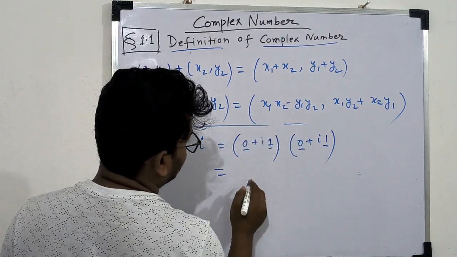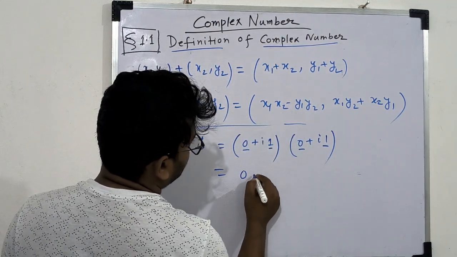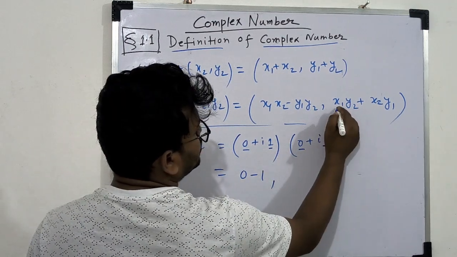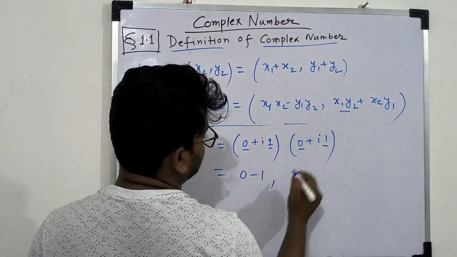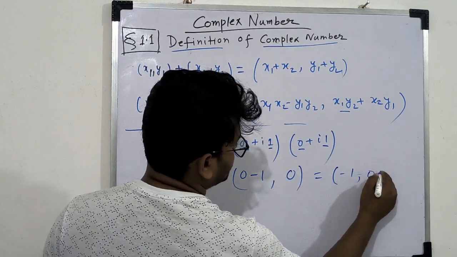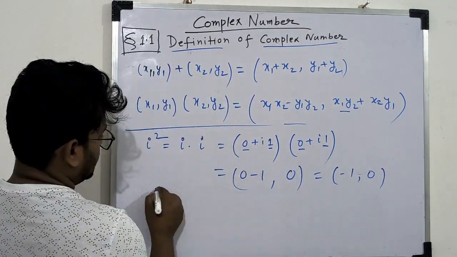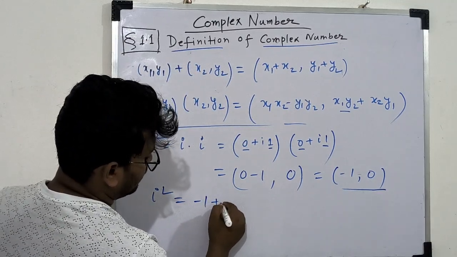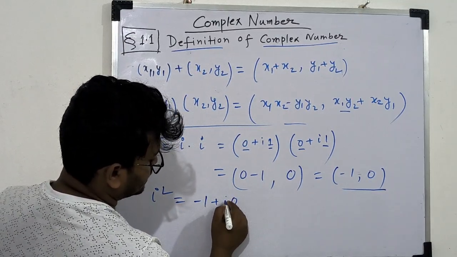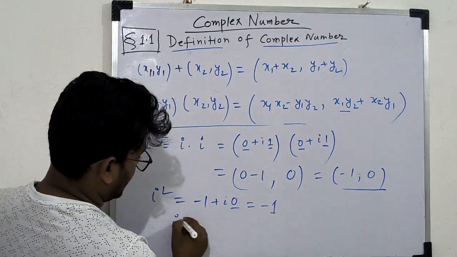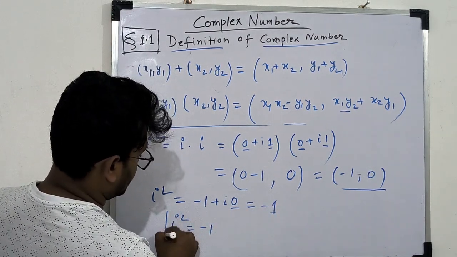If we calculate here, x1 x2 is 0 minus y1 y2, which is 1, comma x1 y2 is 0 and x2 y1 is 0. So this becomes minus 1 comma 0, and that is i square. This complex number can be written as minus 1 plus i into 0, that is, the imaginary part is 0, and that can be written as minus 1. So i square equals minus 1.